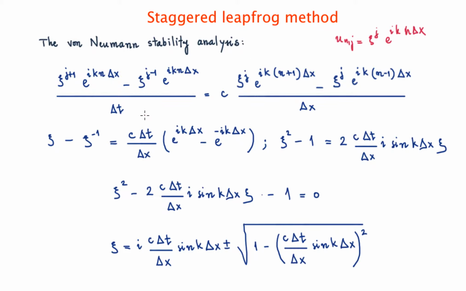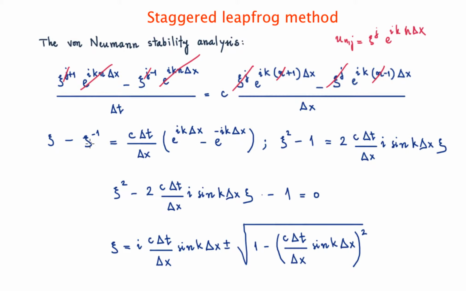Again, we have to simplify as much as possible. Every time eta to the j appears everywhere, you have to simplify it. This exponential appears, so we simplify it again. So this is the expression that we have in this case.